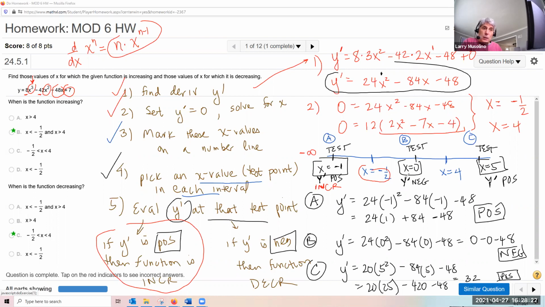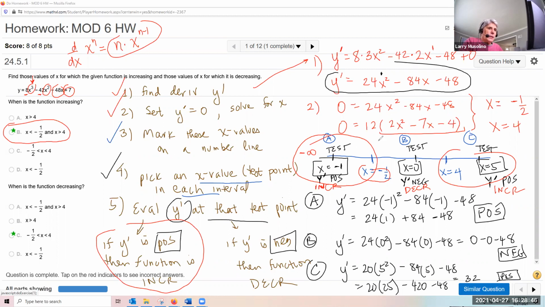And here y prime is negative, so that must mean the graph is decreasing in this middle interval. And over here, the graph is increasing. So it looks like the graph is increasing at x less than negative 1/2 and x greater than 4. So here it is, x less than negative 1/2 and x greater than 4 is increasing.